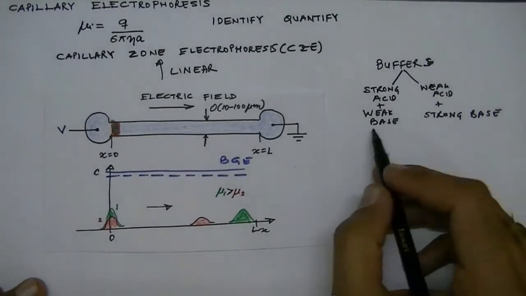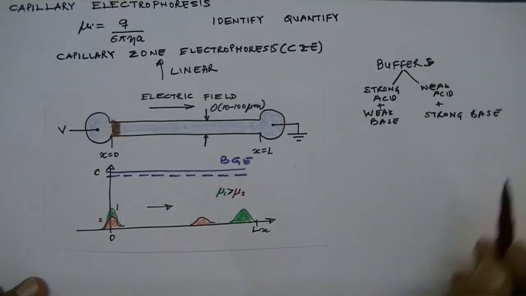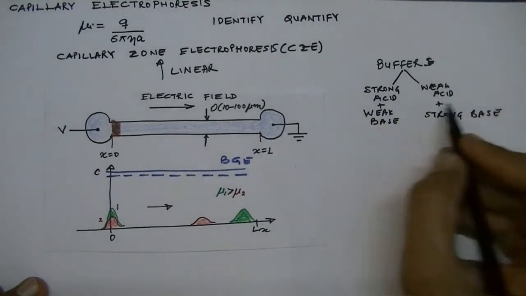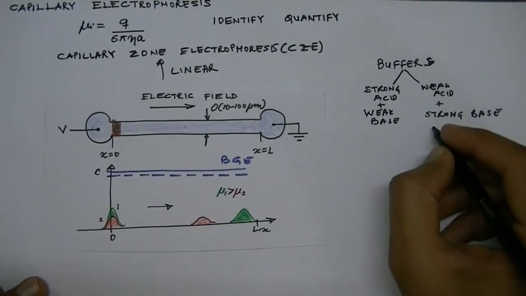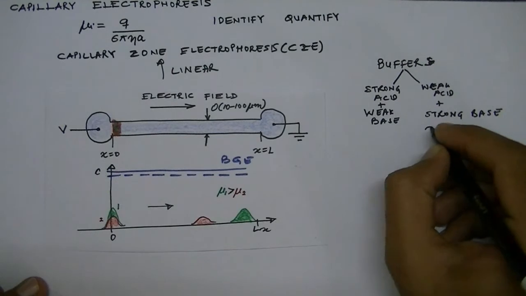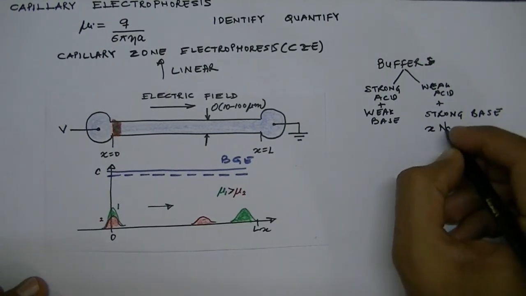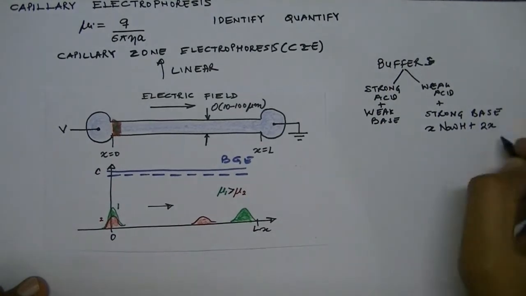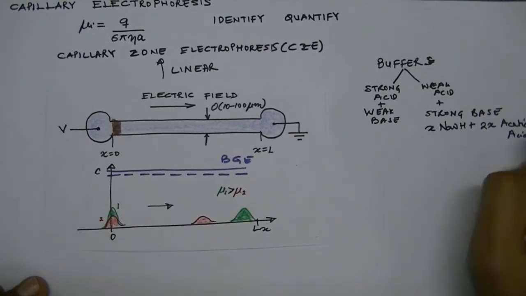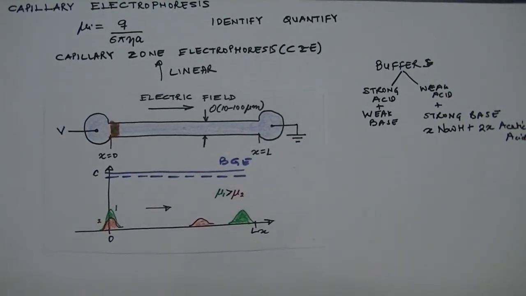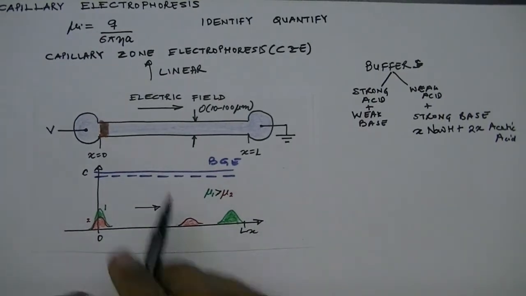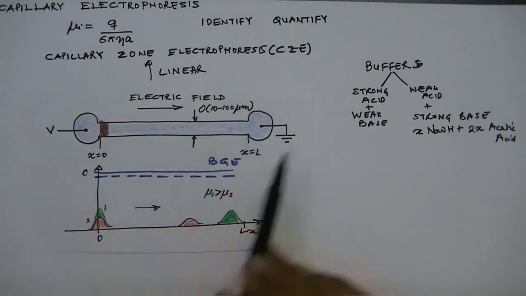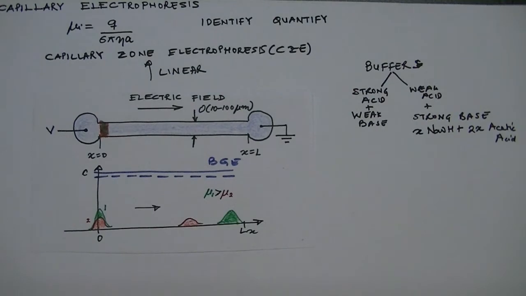For example, you can create a buffer by having X concentration of sodium hydroxide and double concentration of, let's say, acetic acid, and that will be a buffer solution. A buffer is needed so that the pH does not change throughout the experiment.